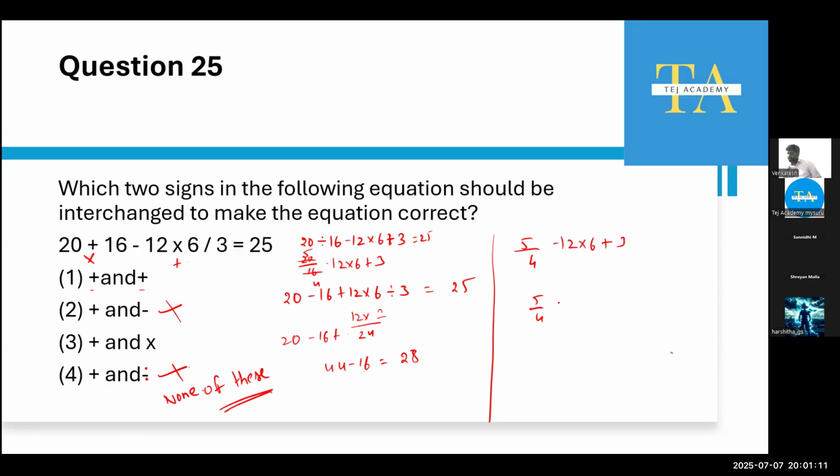So 5 by 4 minus 72 plus 3. So 5 by 4, and minus 72 plus 3 is how much? Minus 69. So how will it come to 25? So plus and division is also not matching.